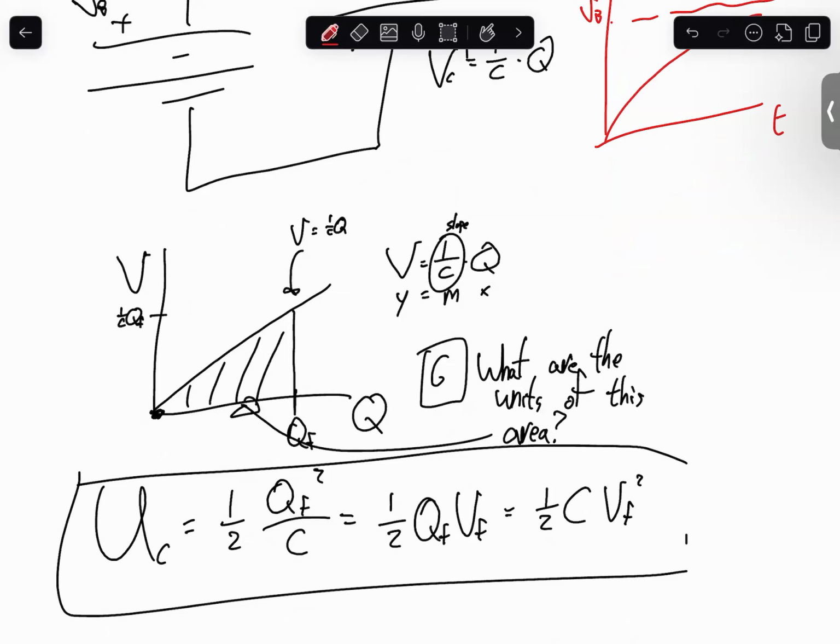If you plug in Q equals CV, you get 1/2 CVV, that's this version. If I don't want the V, I can solve for V equals Q over C, giving Q squared over C times half. It's not really 4 equations I'm giving. It's 2 equations. This Q equals CV, and this total energy stored is half QV.